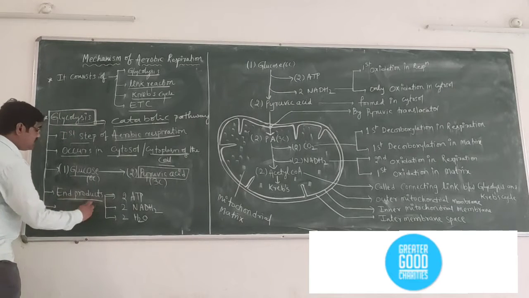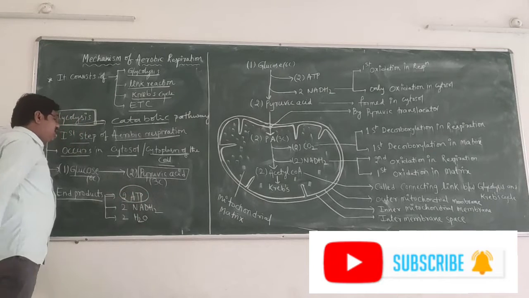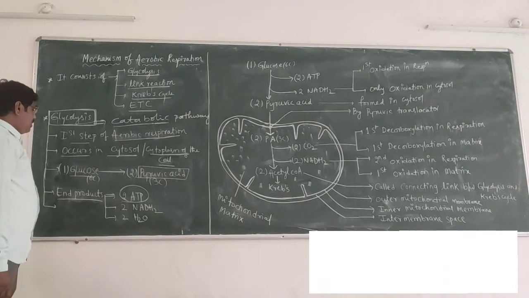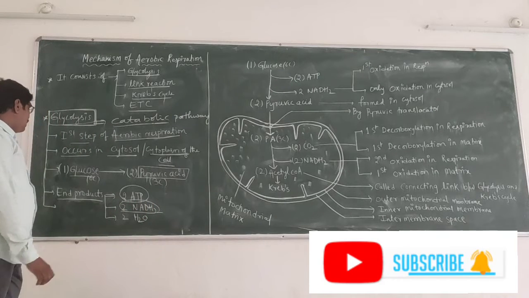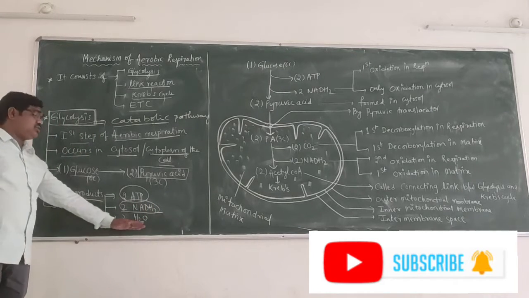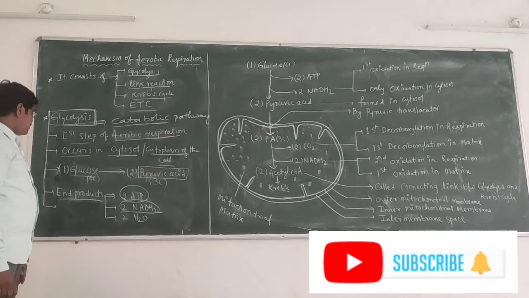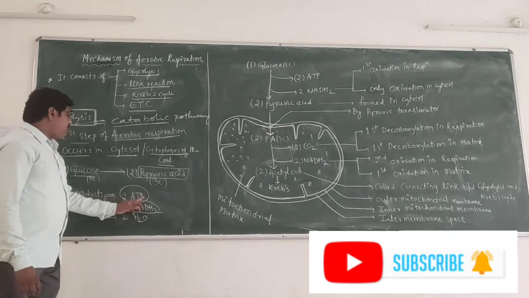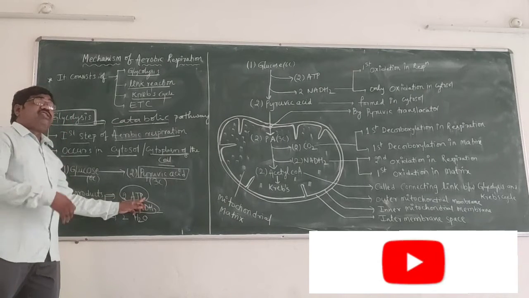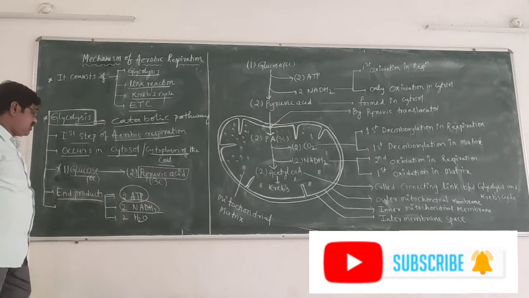Next, what are the end products of glycolysis? Two molecules of ATP and two NADH2 are produced during glycolysis, and two water molecules are released. Two ATPs are produced by phosphorylation reactions in glycolysis.